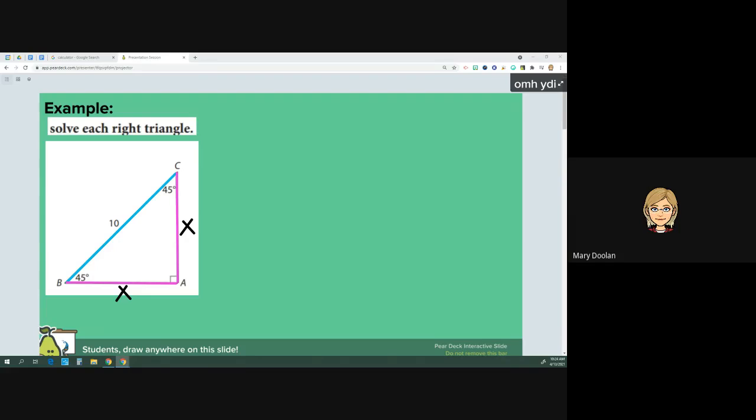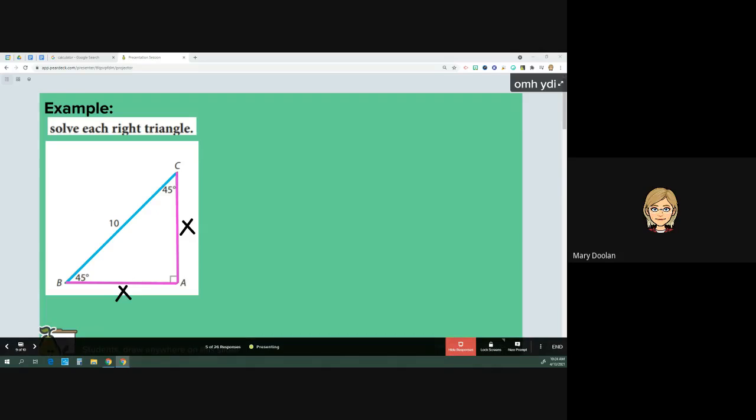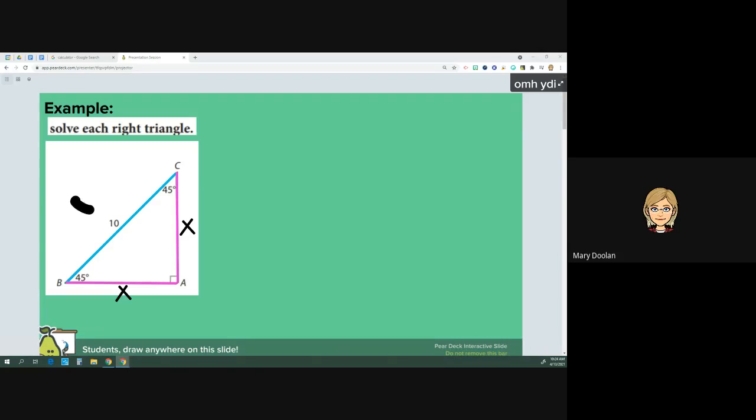And then I'm going to set up an equation to represent this relationship I have. Now, I know that up here, x, pen's changing on me, x times the square root of 2, that is the hypotenuse.